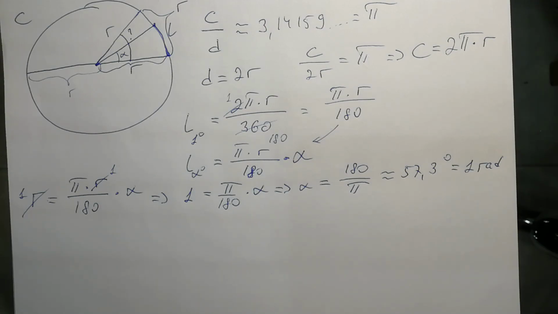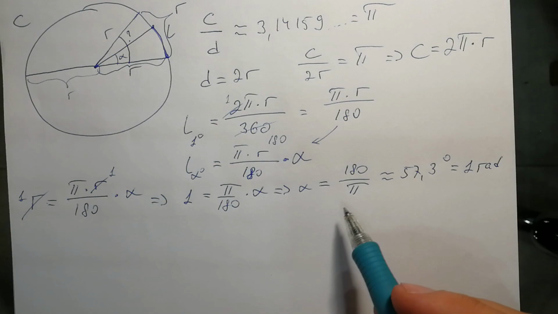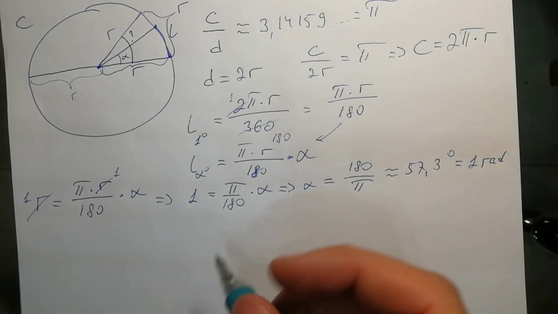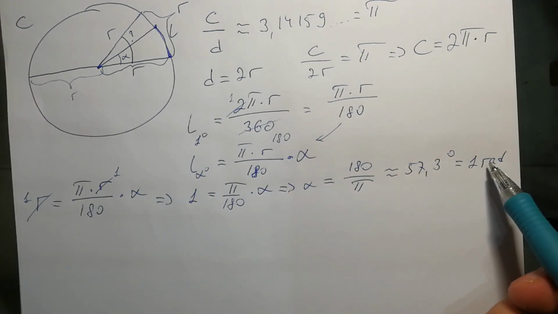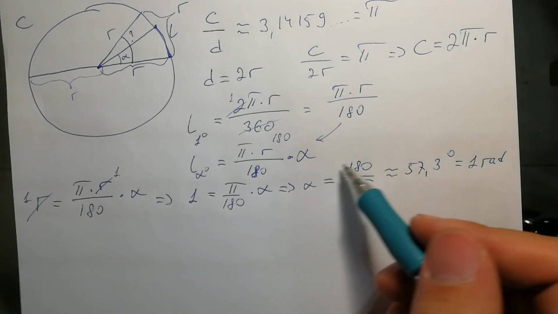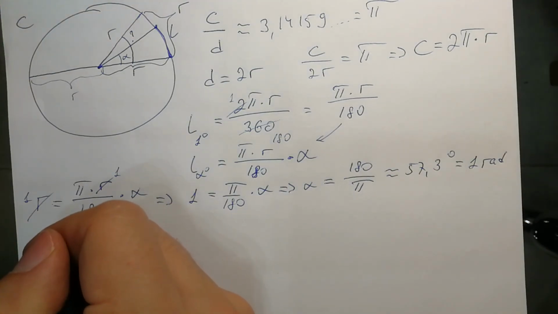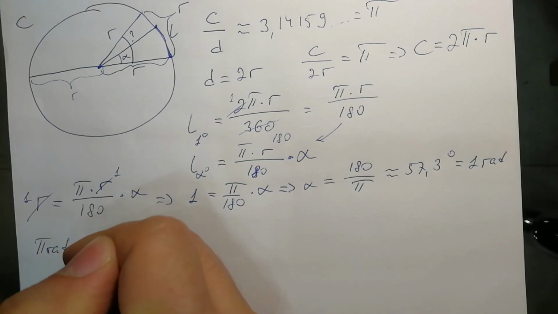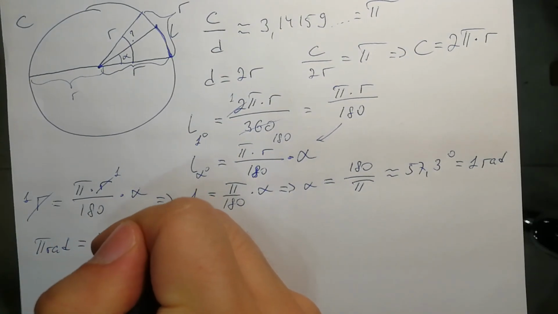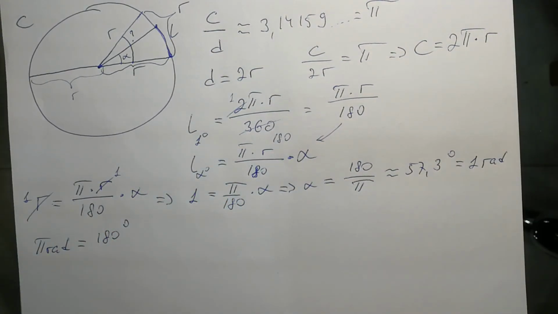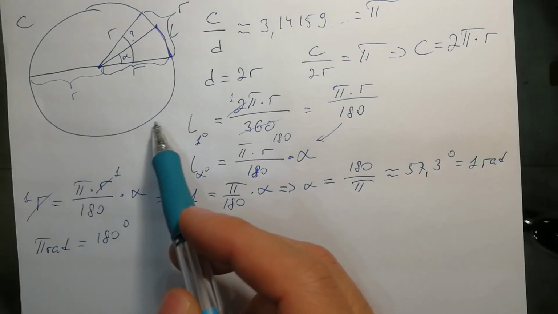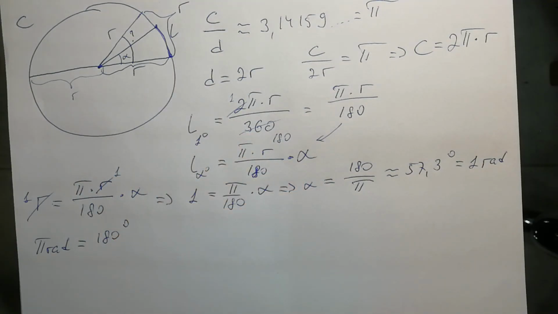From here we can see that pi radians is a little more than 3 radians. If we take pi radians, we should multiply this value by pi, and pi radians equal 180 degrees exactly. And 180 degrees will be half of our circle.